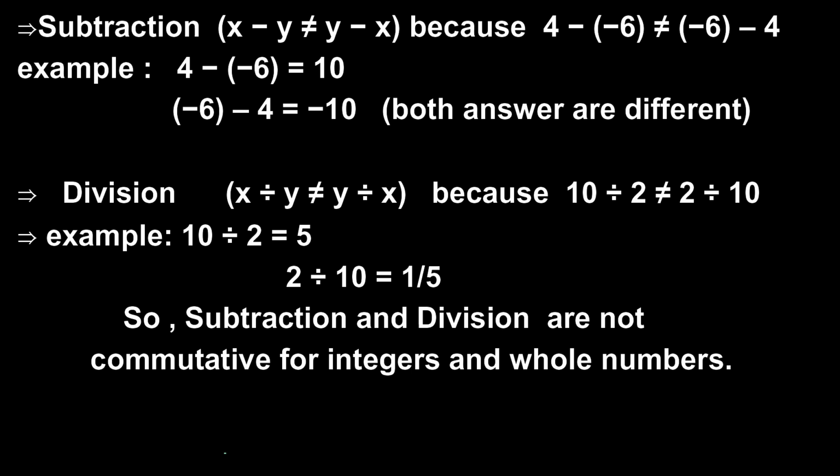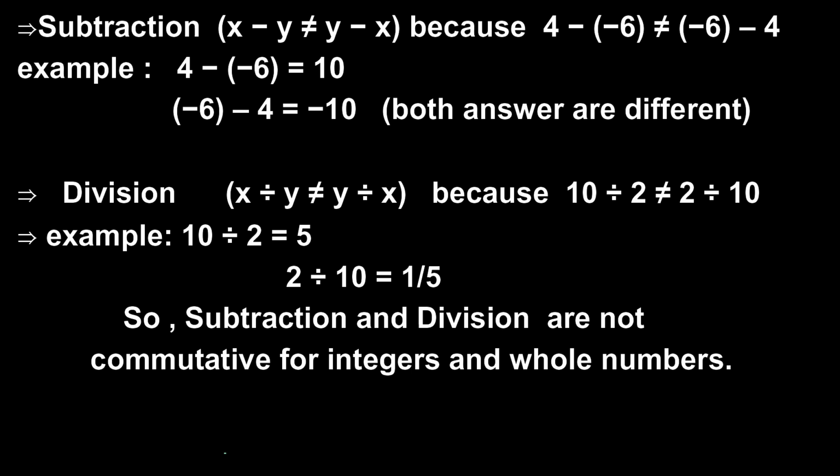Here I would like to tell you one important point: whenever there is a negative sign before the bracket, the sign changes, because minus minus becomes plus. So this becomes 4 plus 6, which is equal to 10. That's why you get the answer 10.